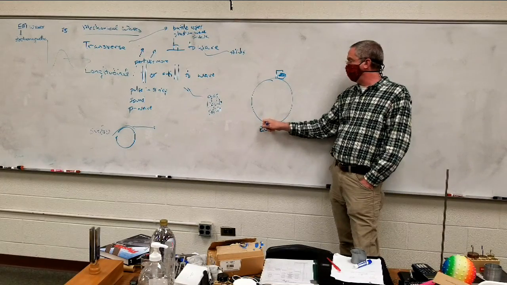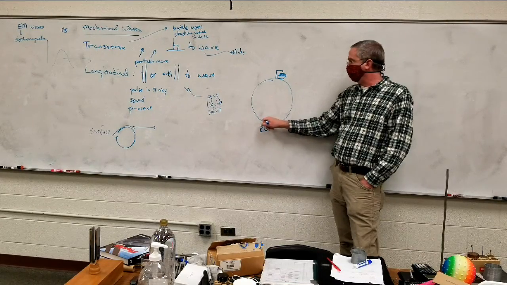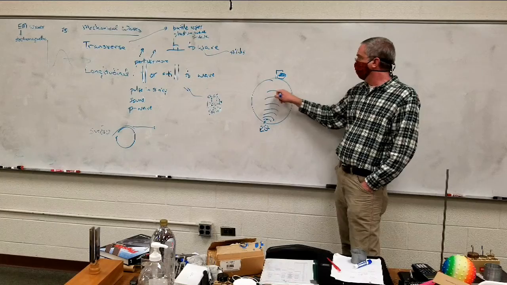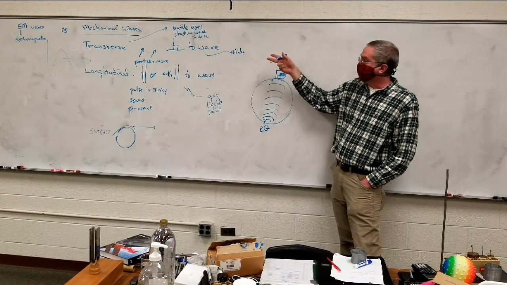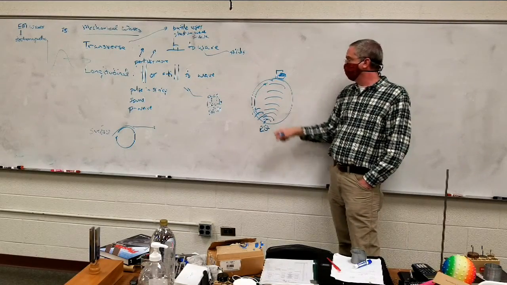What you find is that there are two types of waves that are produced at an earthquake. You have the pressure waves, and then you have the shear waves, which are traveling around this way.